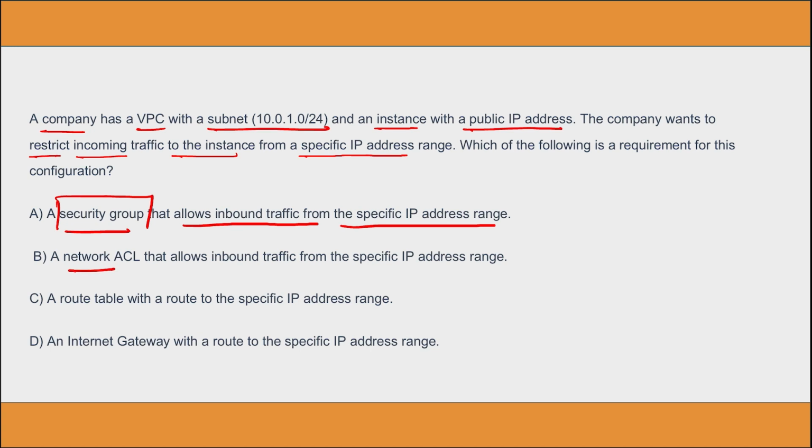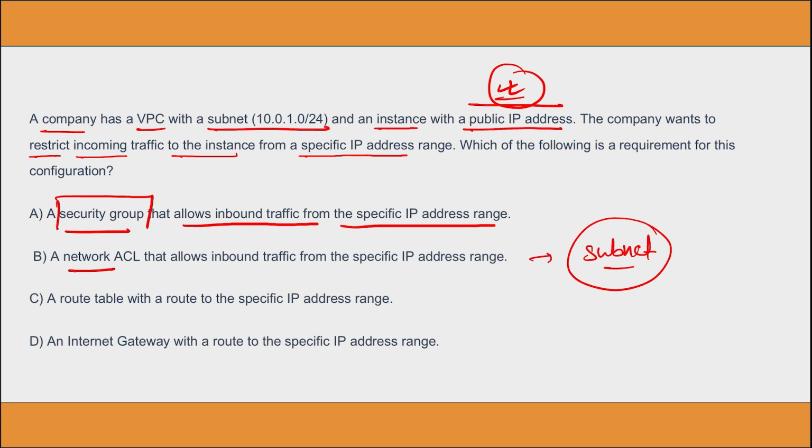Network ACL won't be required, as network ACLs control the traffic at the subnet level. We have discussed this multiple times that network ACLs control the traffic at the subnet level, not at individual instances. Then a route table won't be required as the instance already has a public IP address.